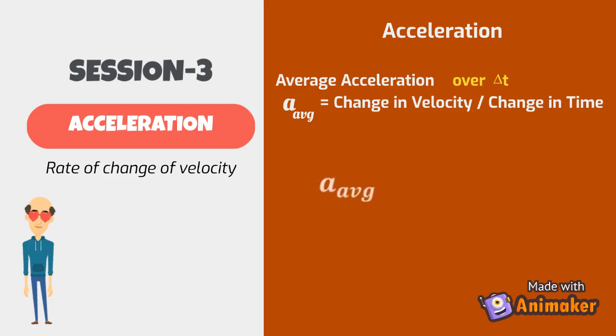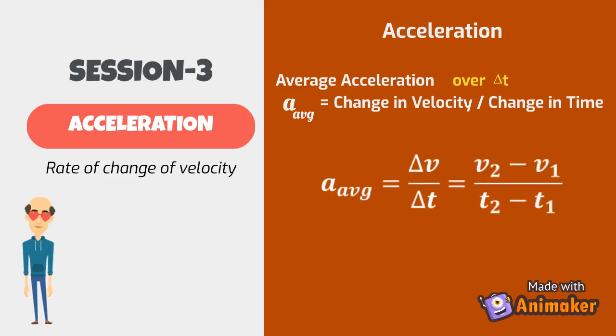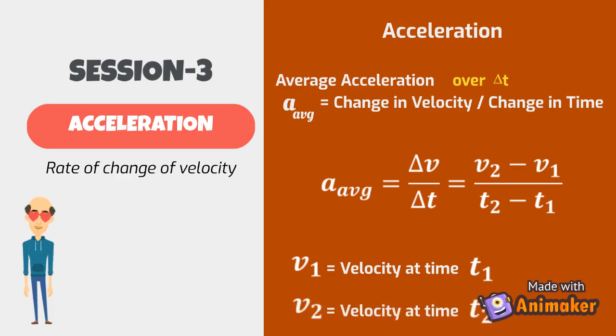That is, a average equals delta v by delta t, which is equal to v2 minus v1 divided by t2 minus t1. Here the particle has velocity v1 at time t1 and velocity v2 at time t2.